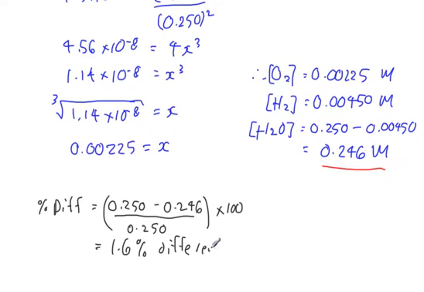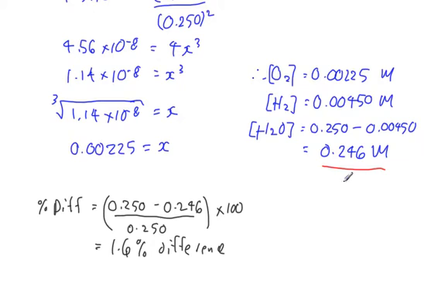And so in science we talk about a 5% difference being well within the boundaries of experimental error. In this case that assumption is valid because in our concentration we'd expect no change, 0.250.